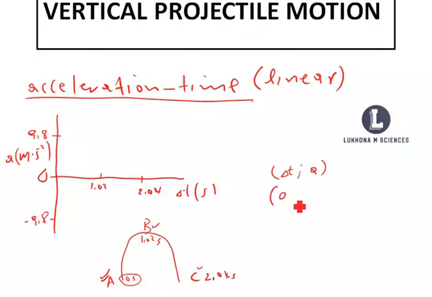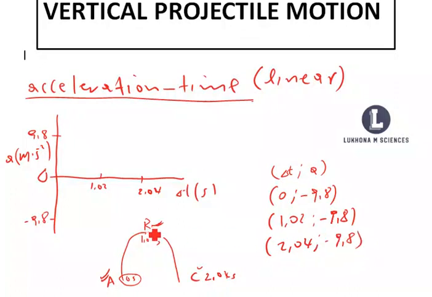The acceleration is 9.8, but downwards, and we said downwards must be negative. Then at point B, the time is 1.02. The acceleration is negative 9.8, which means 9.8 downwards always. Here the time is 2.04. The acceleration is still 9.8.